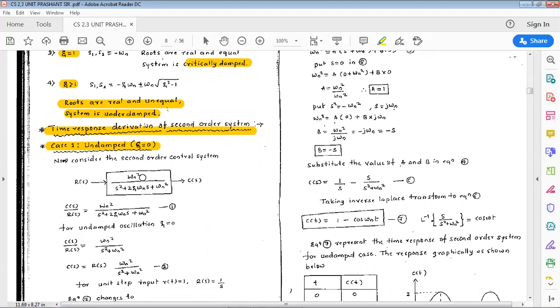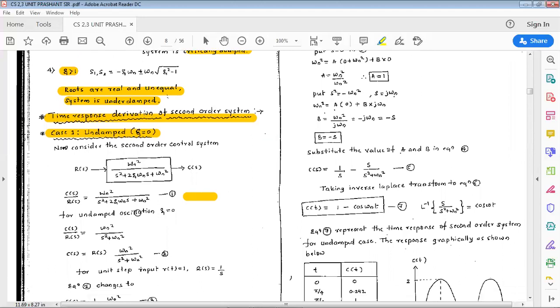The transfer function is omega n square by s square plus 2 zeta omega n s plus omega n square. You can write this as equation number 1. For the undamped case, zeta will be 0. In equation 1, substitute zeta as 0, and you get C of s by R of s equal to omega n square divided by s square plus omega n square.